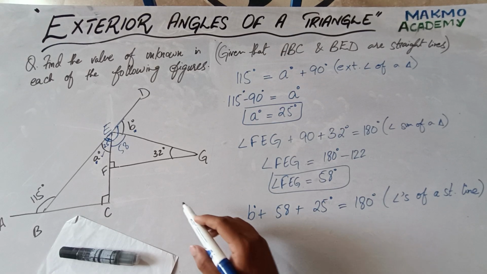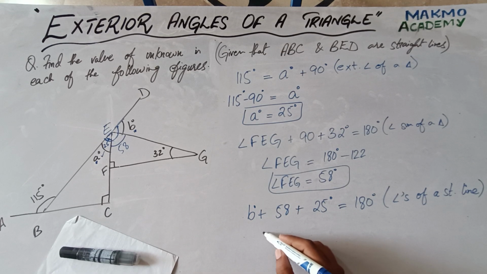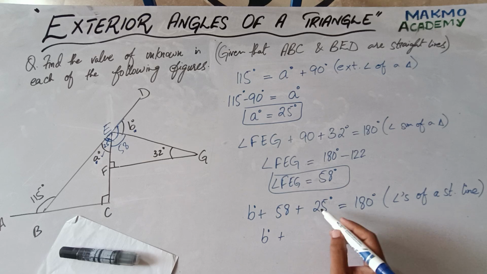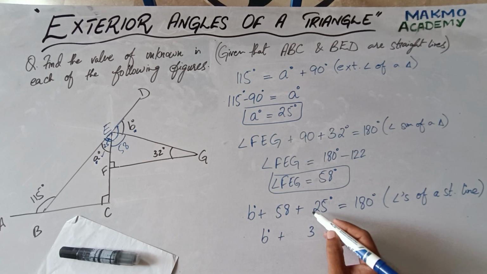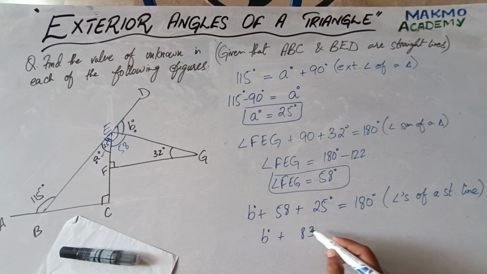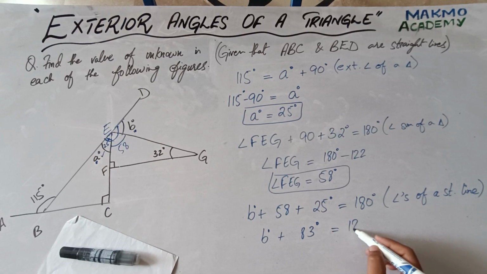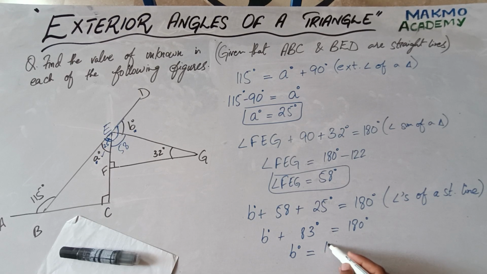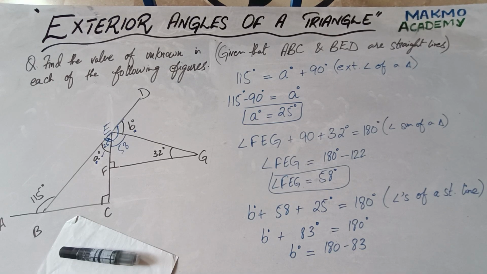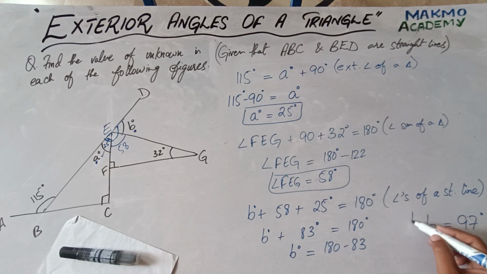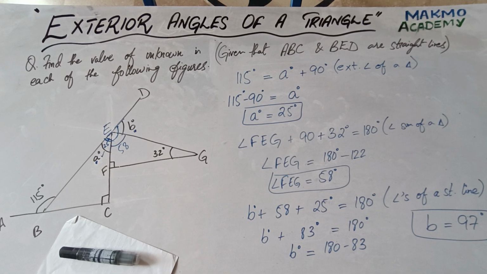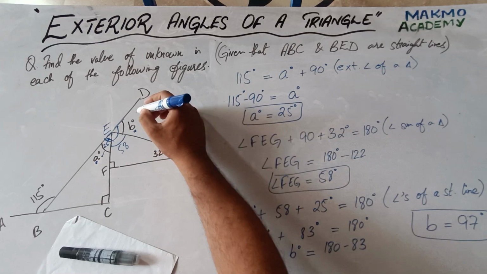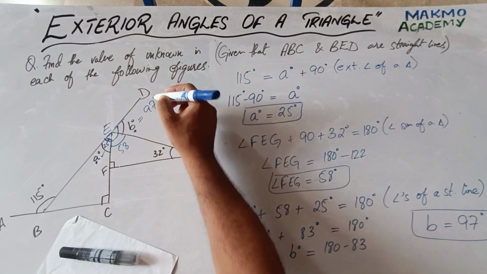So now let's add them. 58 plus 25 would give us 83. Now subtract 83 from 180. This would give us 97 degrees. So B is equal to 97 degrees.